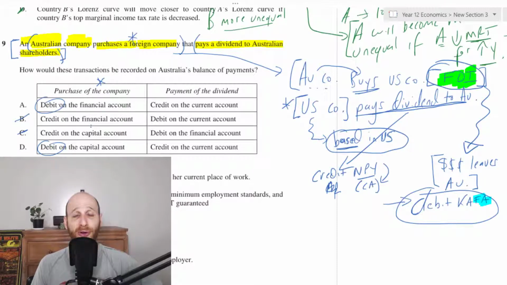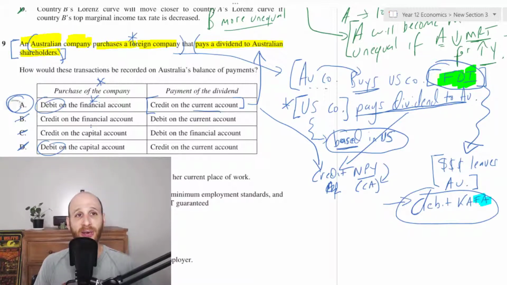I further know that money leaving Australia would come out of the financial account where foreign direct investment is recorded. Now, just to double check, I know that the payment of dividend to Australian shareholders, this part here, that's going to be a credit NPY, credit on the current account. Here I go with A, and I've dealt with my mistakes from the one you didn't see, and the answer to 9 is A. Okay, let's move to question 10.